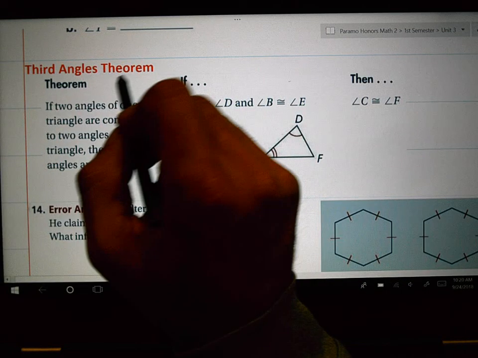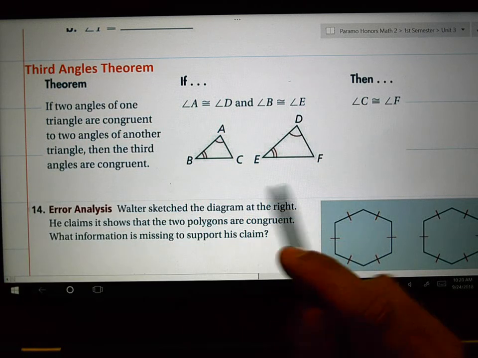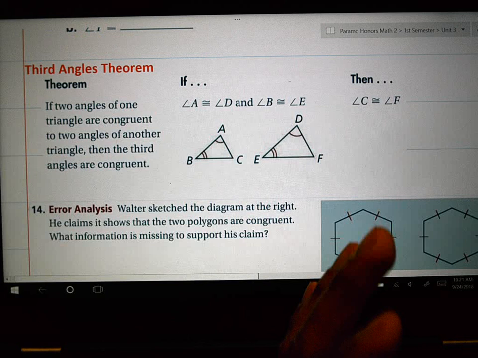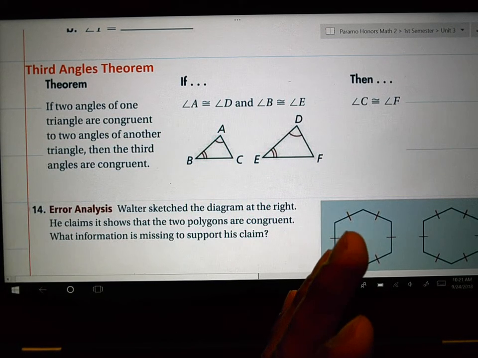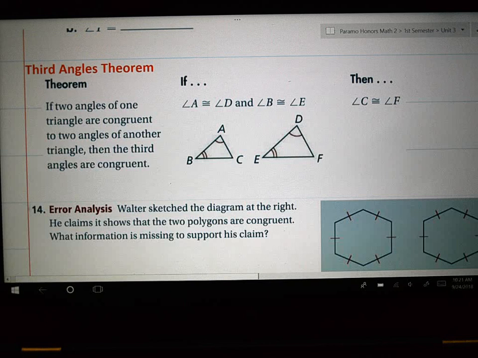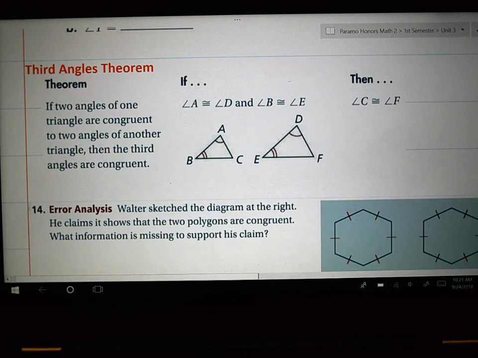There's a theorem called the third angles theorem. So if I know that all three sides are the same as each other in two objects, and two of their angles match, you can assume the third angles match and that the two objects are congruent. That's the reason why this is in your notes, just so you know.